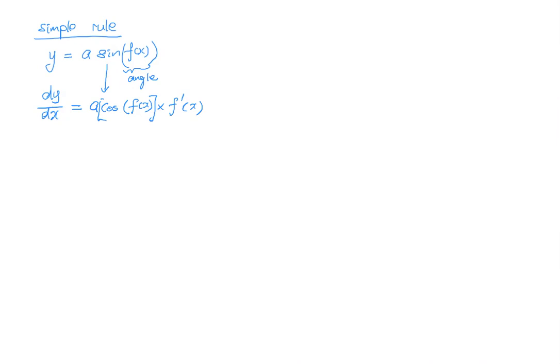Yes, miss. So if I give you y equal to 3 sin 2x, dy/dx will be 3, the sin changes to cos, copy down the angle, times by the derivative of the angle. What is it?